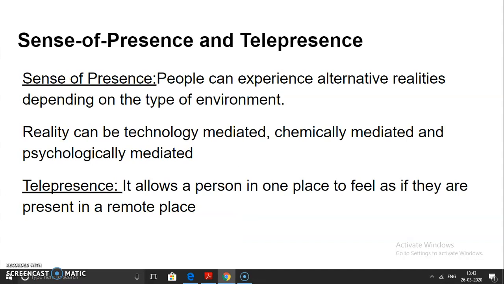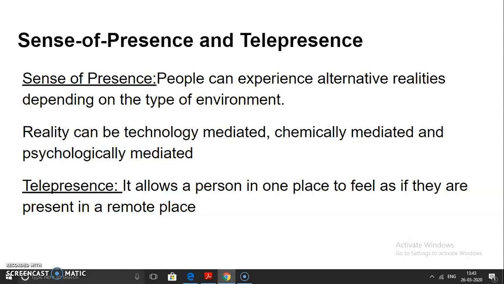The next implant type is sense of presence and telepresence. In the sense of presence, people can experience alternative realities depending on the type of environment. After sensing these alternative realities, people can see a kind of virtual environment in front of them.